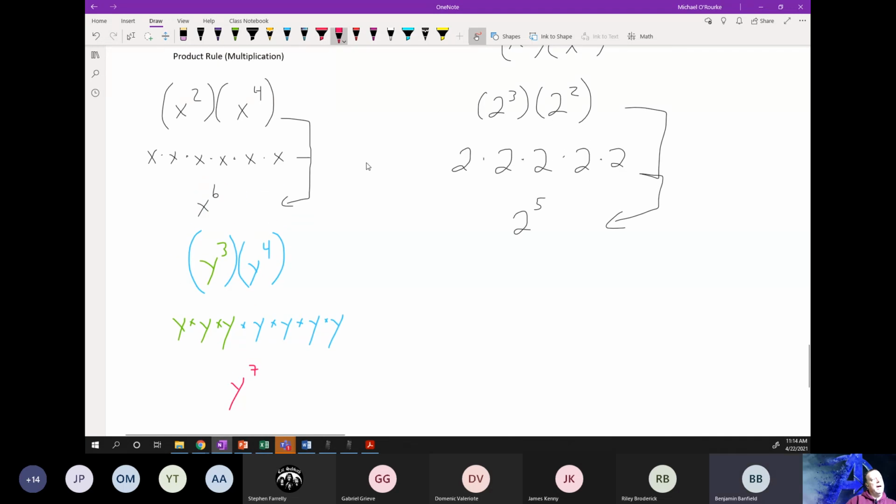Now, does anyone see a pattern of how we get from the question to the answer? Does anyone see a shortcut they could take?